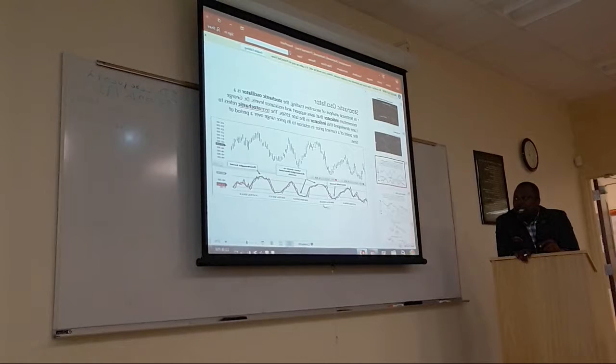And just like the EMA, when they start to spread apart from each other, then you know the market is really going up. If it's down here, it means it has a lot of room to go to the upside before it's overbought. Typically, once it gets overbought, sellers come back into the market and sell the market.